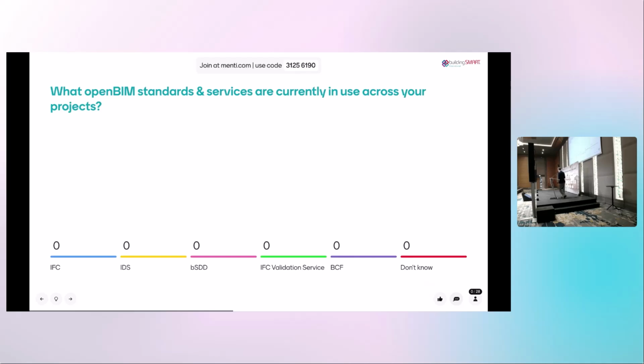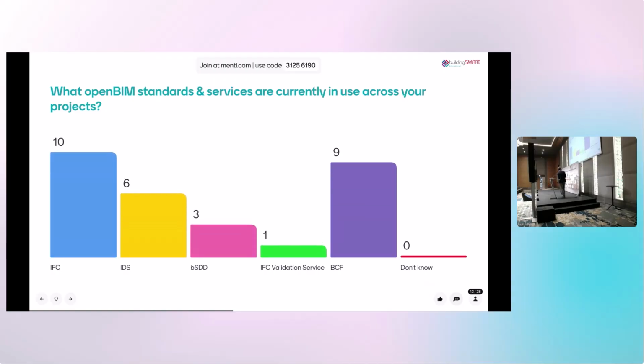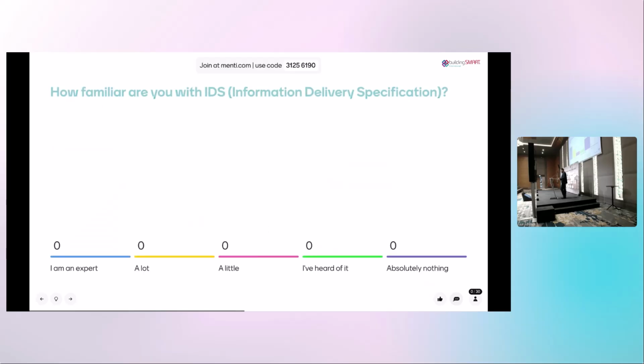What openBIM standards and services are currently in use across your projects? Now I get 21 answers. Most are experienced with IFC, IDS. Yeah, PCF too. Let's move on.